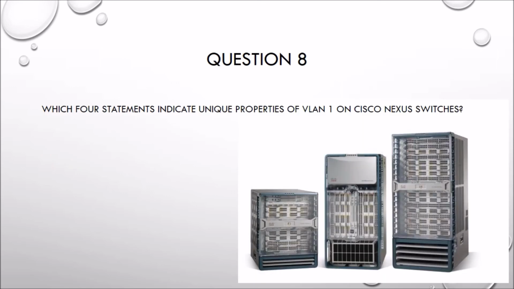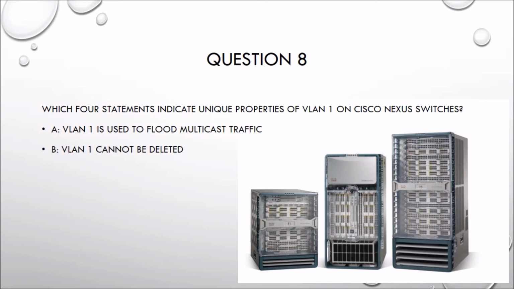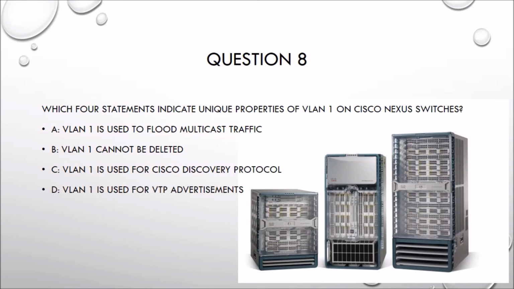Question 8. Which 4 statements indicate unique properties of VLAN 1 on a Cisco Nexus device? A, VLAN 1 is used to flood multicast traffic. B, VLAN 1 cannot be deleted. C, VLAN 1 is used for CDP. D, VLAN 1 is used for VTP advertisements. E, VLAN 1 defines a collision domain.